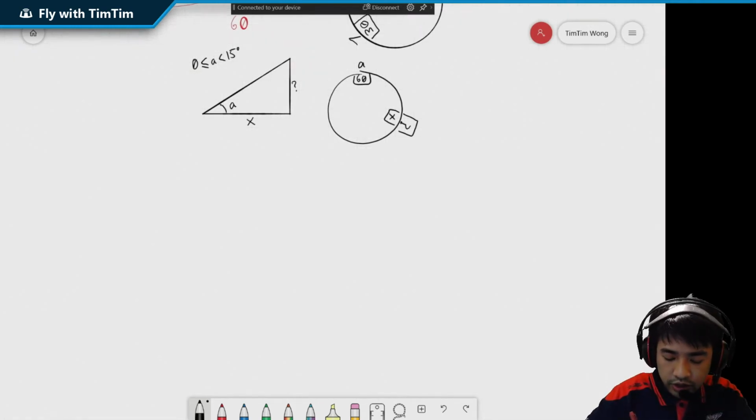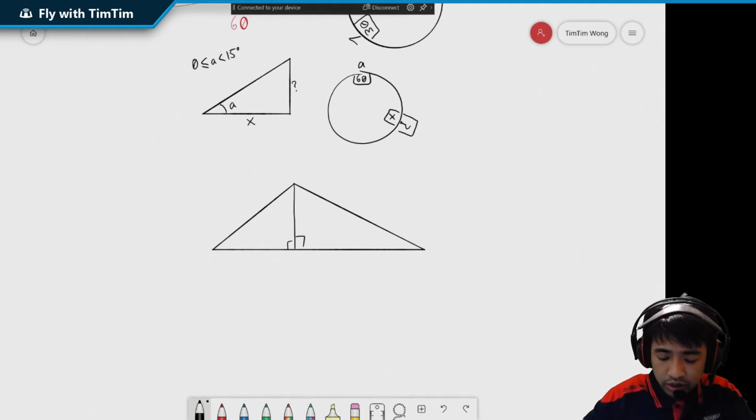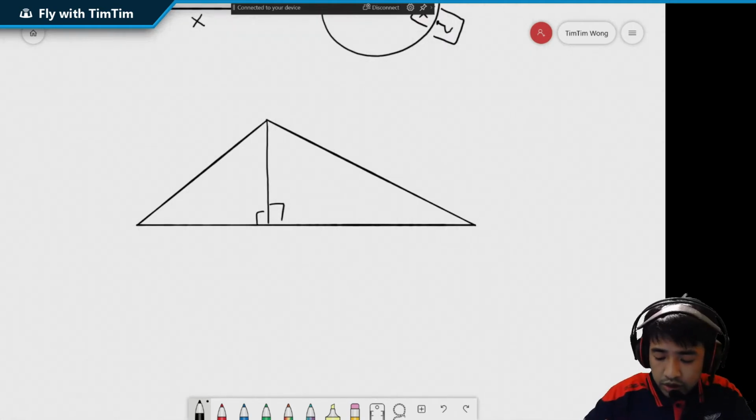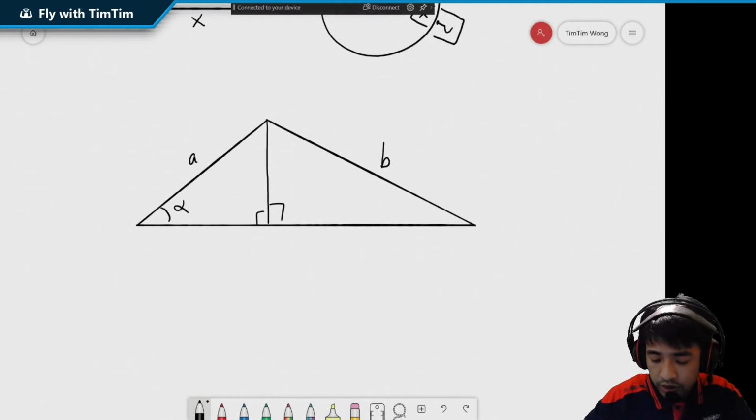Another interesting fact, as I put sine in the table as well. What do we do with sine? So let's say we have another triangle here, and we name this A, B, alpha, and beta.